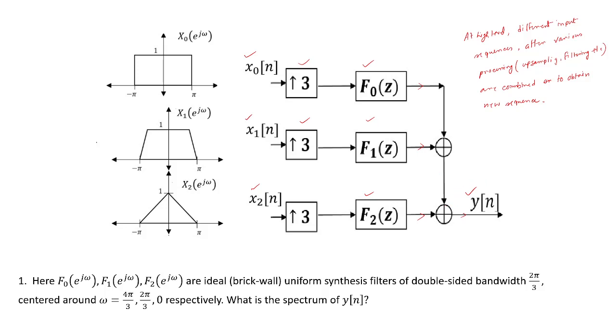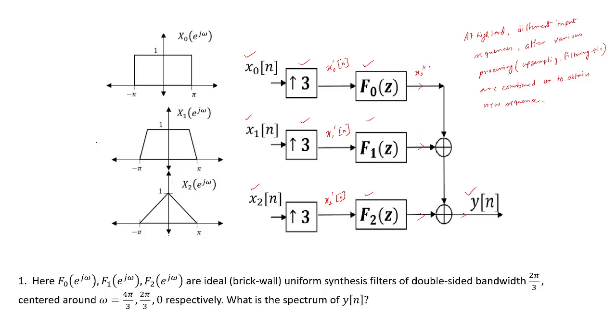Okay, let us move to the problem. Let me write down the intermediate sequences, the notations mainly. After upsampling, it's x0 dash of n. This one, similarly, x1 dash of n. This is x2 dash of n.